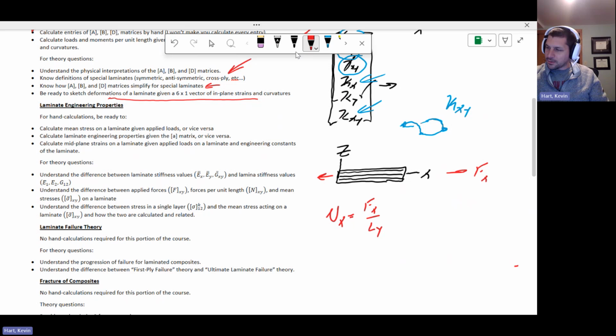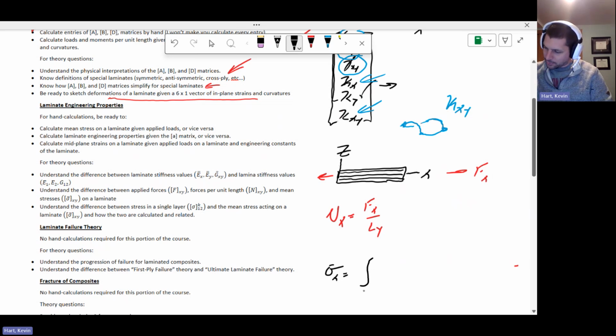And we said, okay, we need to do some things in terms of mean stress, and we're talking about elastic modulus being stress divided by strain. We know that each layer has a different stress, and so we want to be able to define what's called the mean stress. And so the mean stress in this case, sigma bar x, is going to be equal to the average stress that exists in the entire laminate.